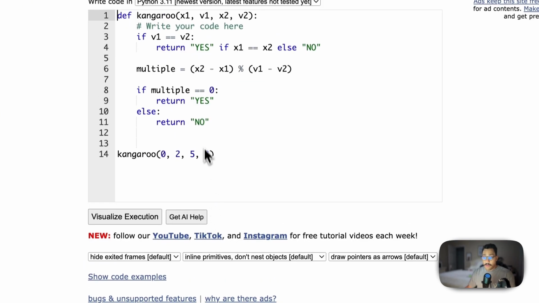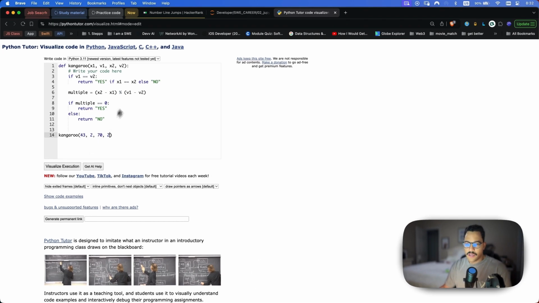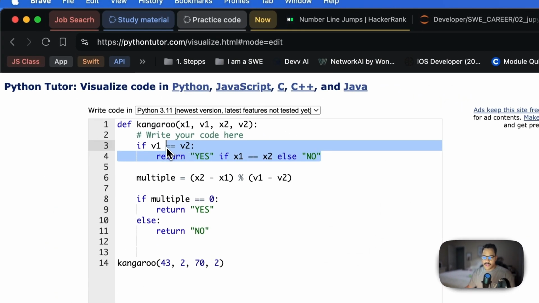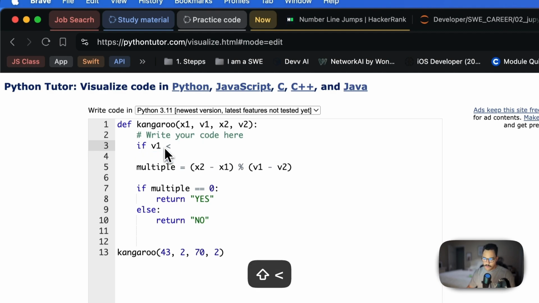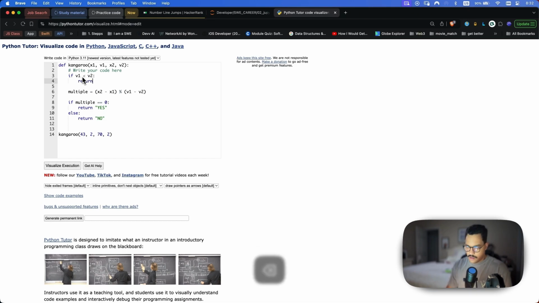Wow, this problem, like 53 minutes on it. I mean, I said math was not my forte, so give me some grace here. Let's go ahead and say the same condition. If B1 is less than B2, then return no, because they would not be able to catch up.